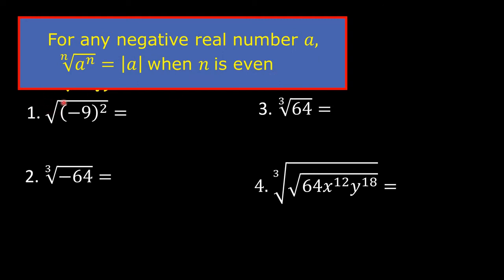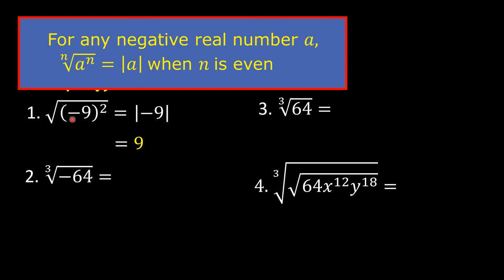It is understood the index here is 2, which is an even number. Negative 9 is a negative real number. So this is equal to the absolute value of negative 9. And the absolute value of negative 9 is 9. So the answer is 9.